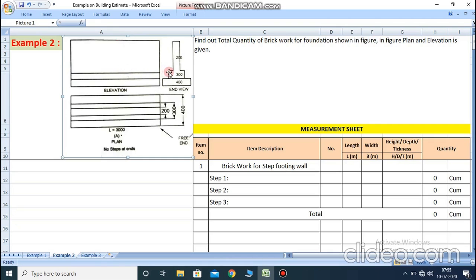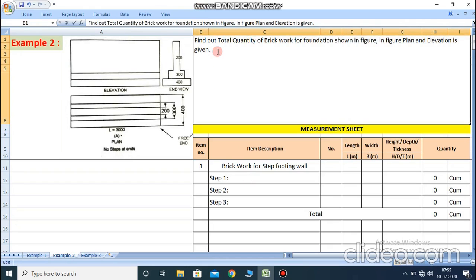Clear? And here the thickness of the step we take 0.2 meter and here 0.2 meter. Clear? So here we take 20 centimeter or 10 centimeter. If you require, you can take 0.1 meter as the height of the step. So let's start the calculation.